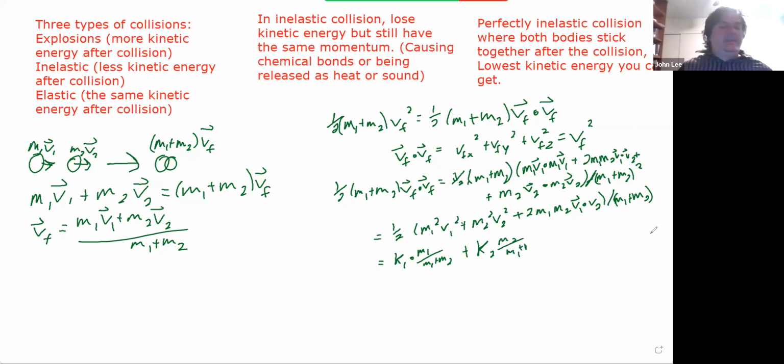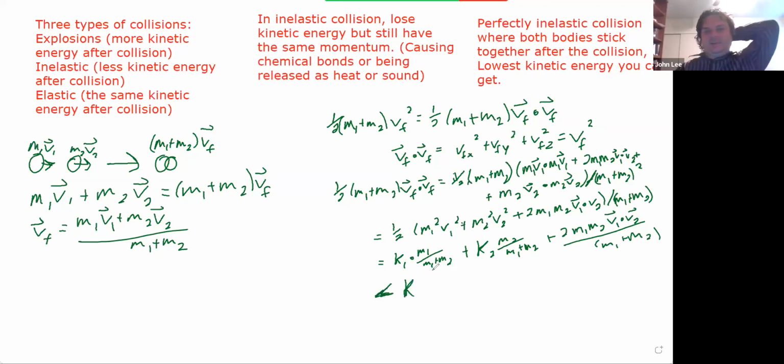And it may not be immediately obvious, but this is going to be less than or equal to, or probably less than, I don't think that it can ever be equal to, K1 plus K2, which you can see definitely in the K1 times M1 over M1 plus M2 values.